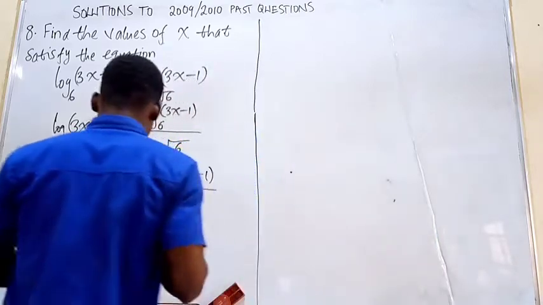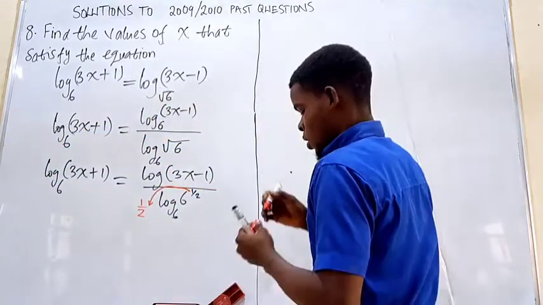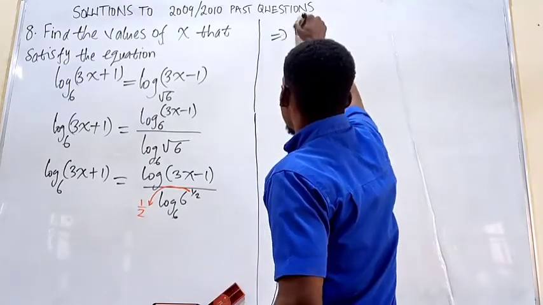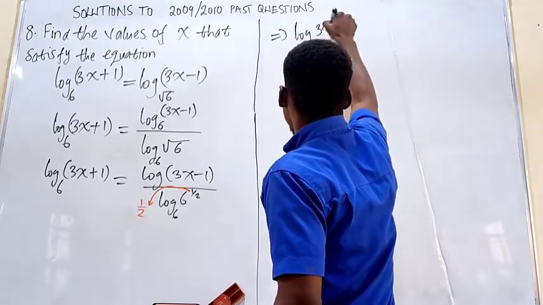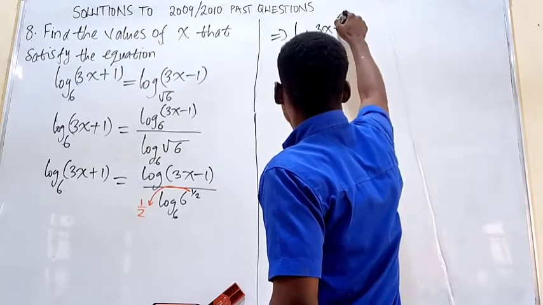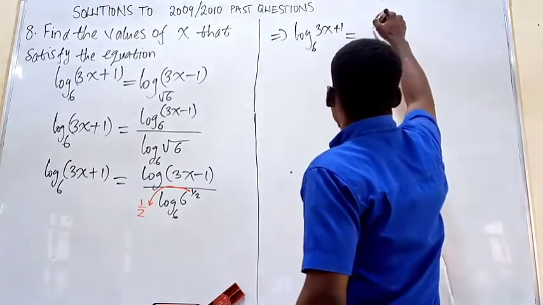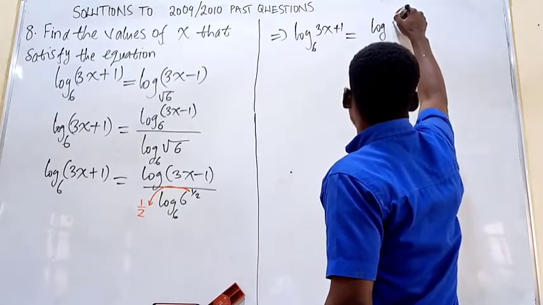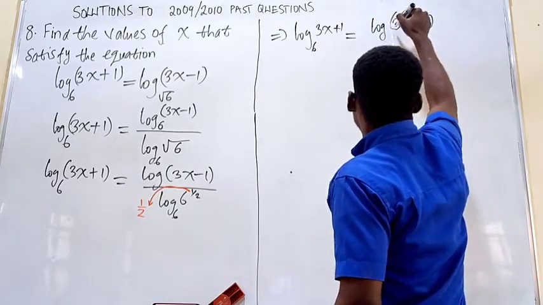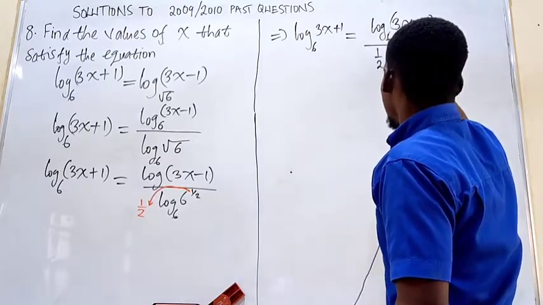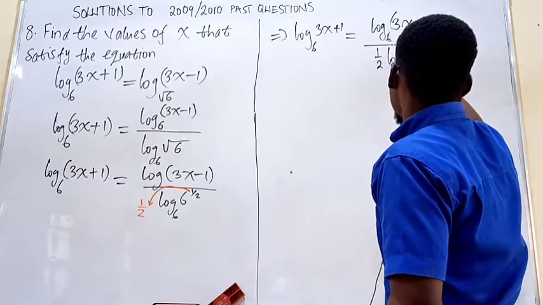That implies that the logarithm of 3x plus 1 to base 6 is the same thing as the logarithm of 3x minus 1 to base 6, all divided by 1 over 2 times the logarithm of 6 to base 6.